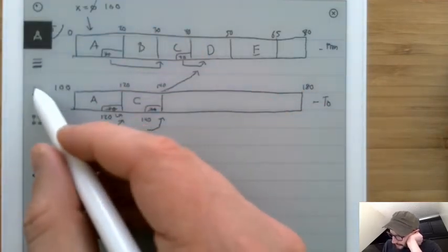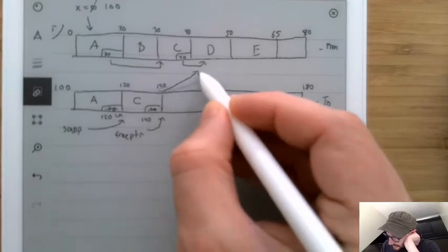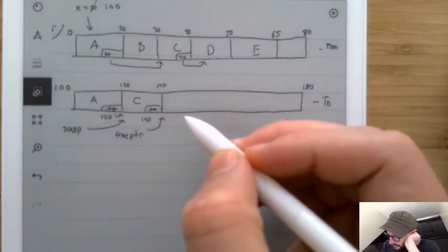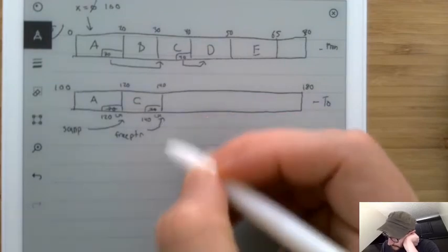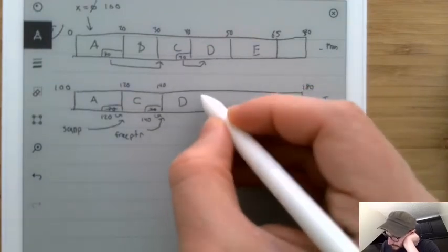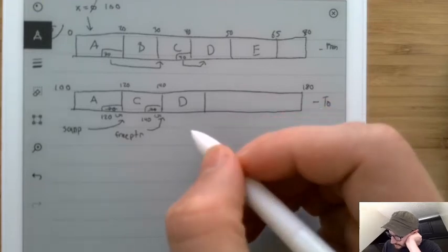Because I did that, now it doesn't point to 40 anymore, it points to 140. And then I copy D over, and D goes up.